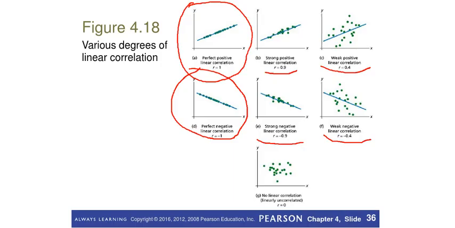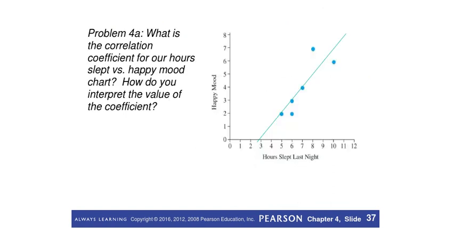Now, if we have no correlation whatsoever, there are just no patterns in the values, then we have what's called no linear correlation at all. No line would explain this particular setup. Okay, so that's what our correlation coefficient tells us.